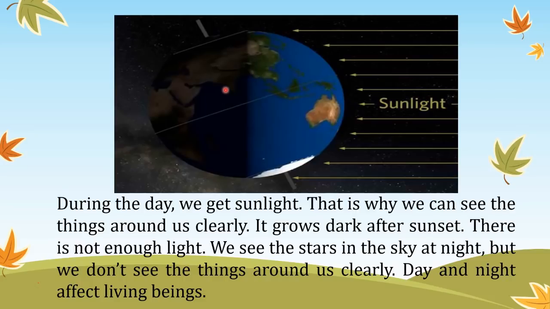So as you can see, the dark part there is night, and on the remaining half portion, as the sunlight falls, there is day. So students, as the sun sets, it grows dark and it becomes night.